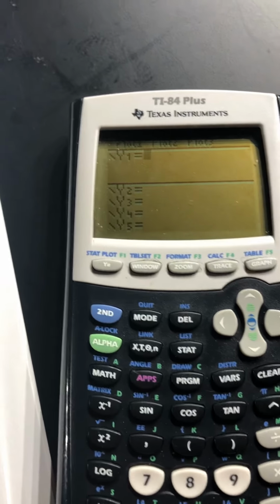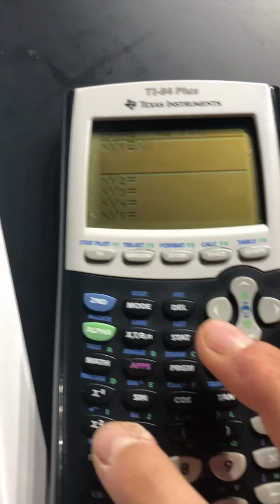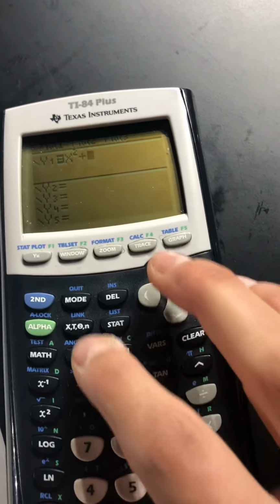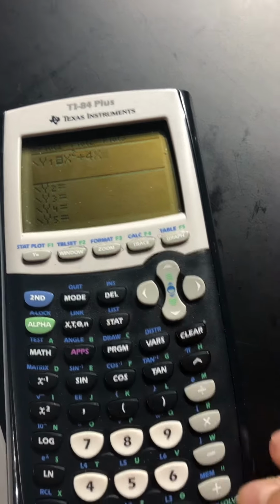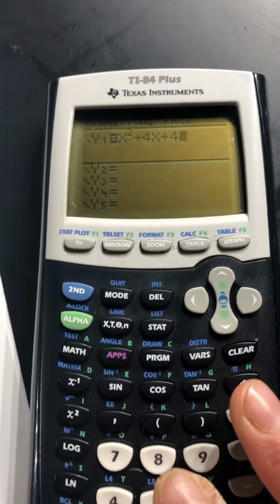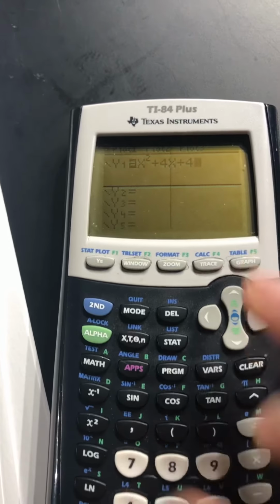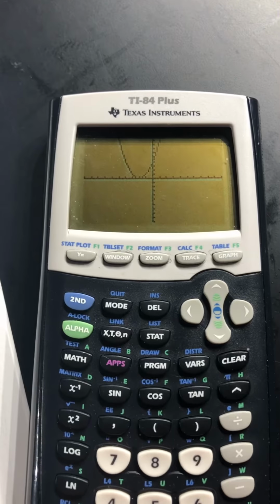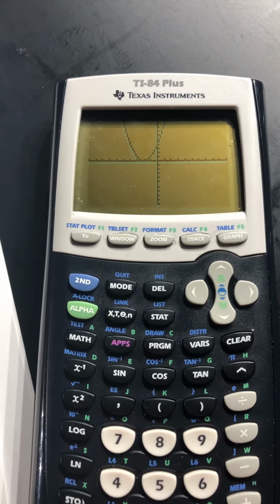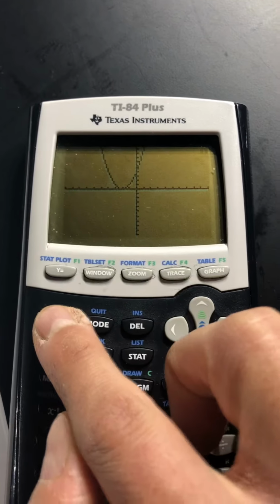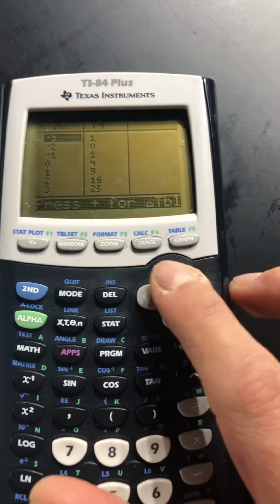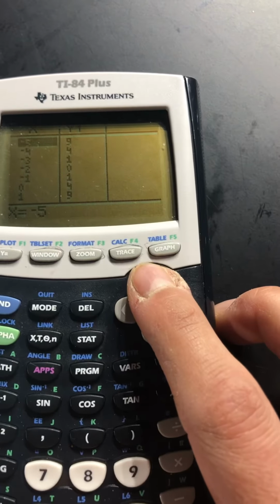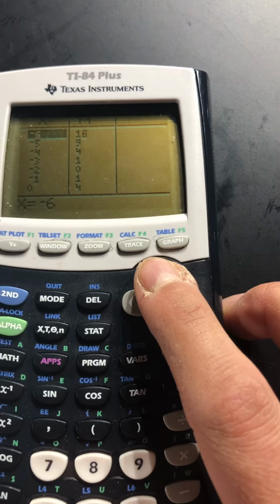So when we do this, we have x squared plus 4x plus 4. Now when we graph, we have a positive a value, so we'll see we have a minimum. And I'm going to look at my table. So our table, we're going to copy down from negative 6 all the way to 2.